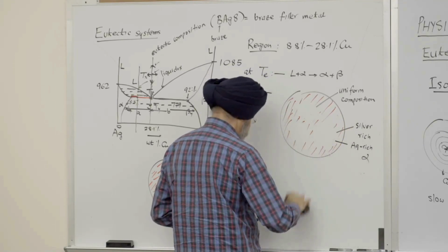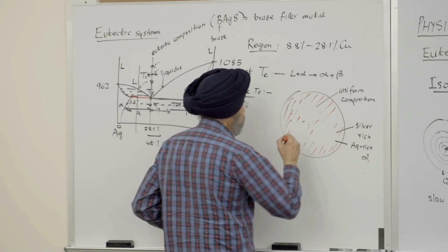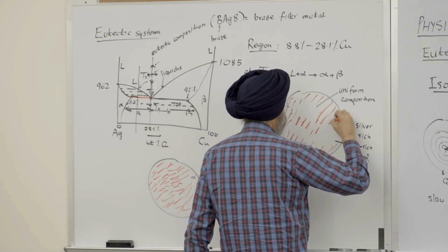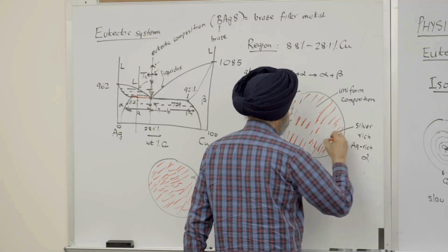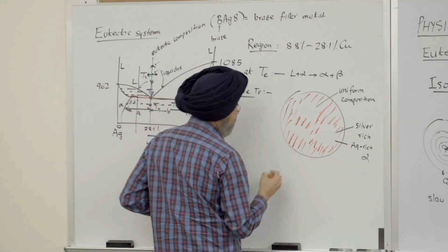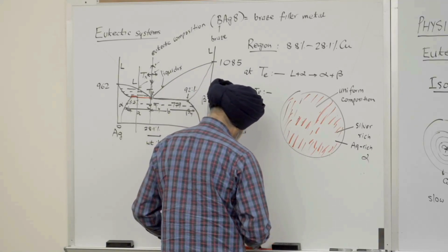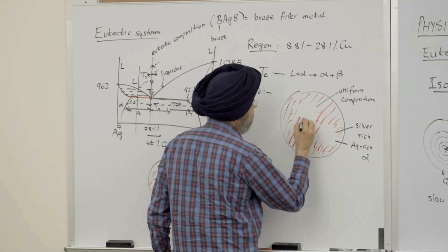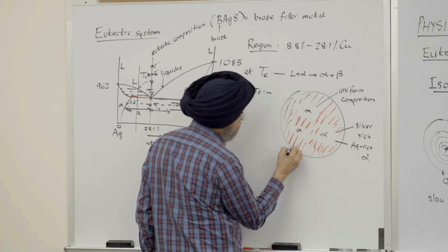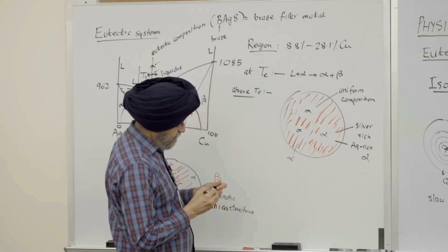So what we have is these regions. See, these regions look empty, but they are alpha phase. So this is alpha, this is alpha, this is alpha. And in between these red lines is also alpha.